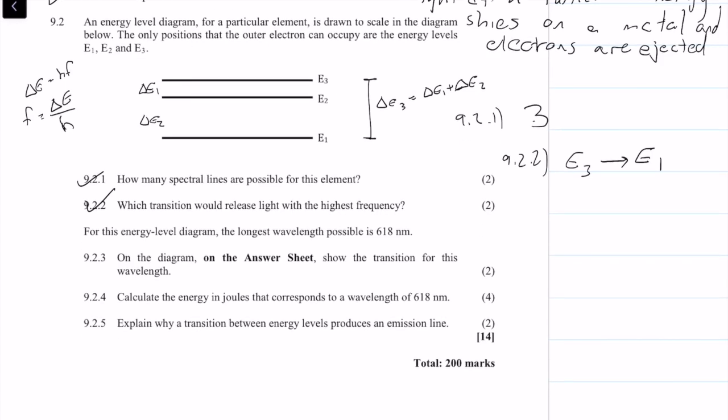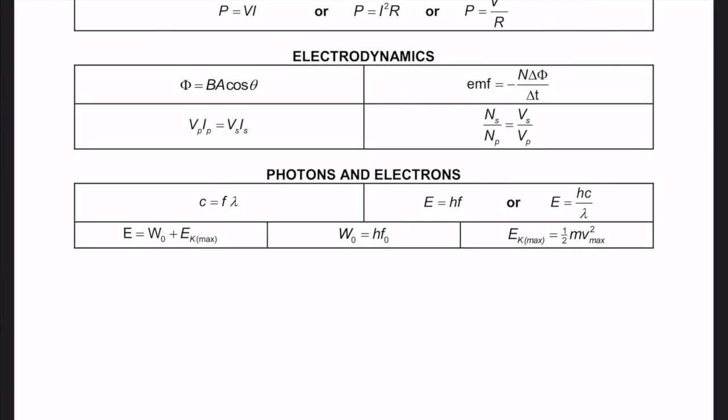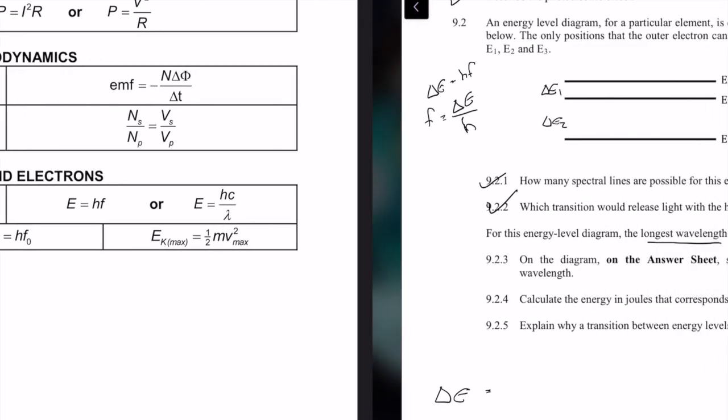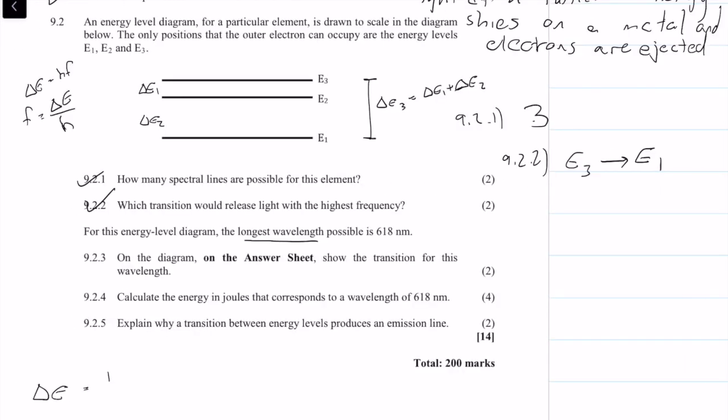Okay, for this energy level diagram, the longest wavelength possible. We can also use the equation change in E equals hc over lambda, the wavelength.